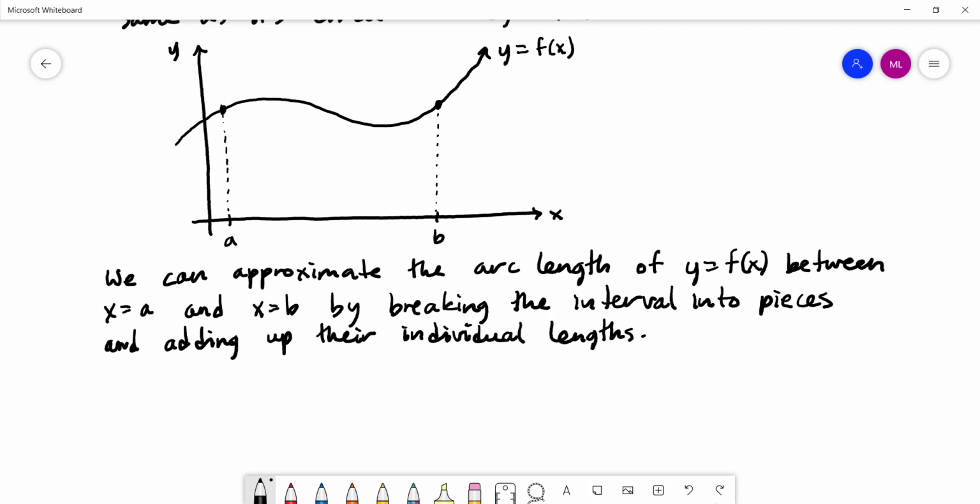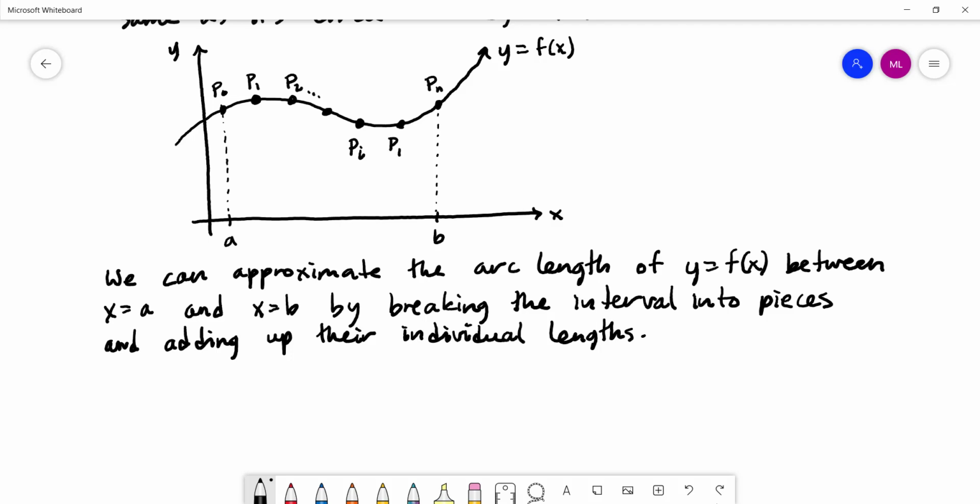Okay, so what do I mean by that? I mean, we're going to basically chop this up into a bunch of points. Let me put a bunch of other points on here. That'll be enough. We'll call this first point P0, and the next one will be P1, and then P2, and so on, all the way up to some Pn, the last point. And somewhere in between all of these, maybe we'll have a point that is P sub i.